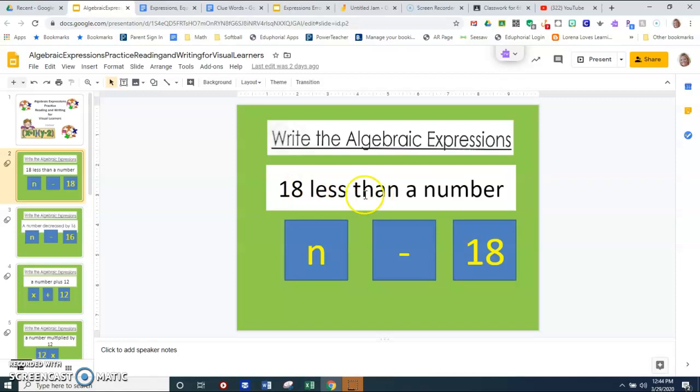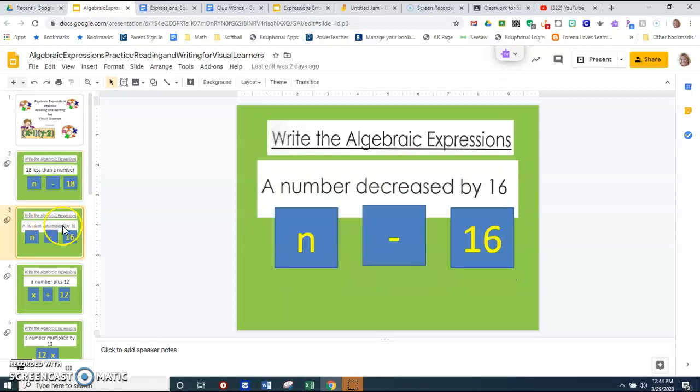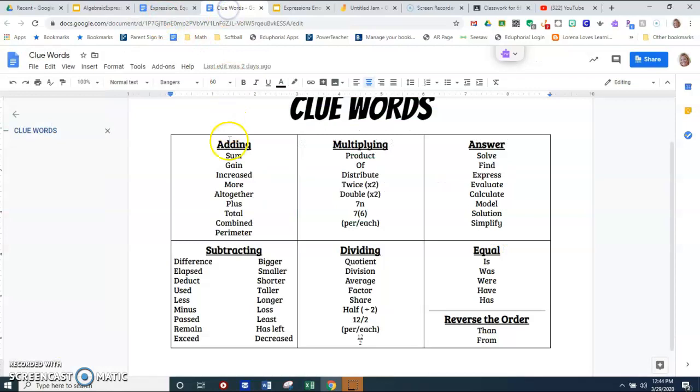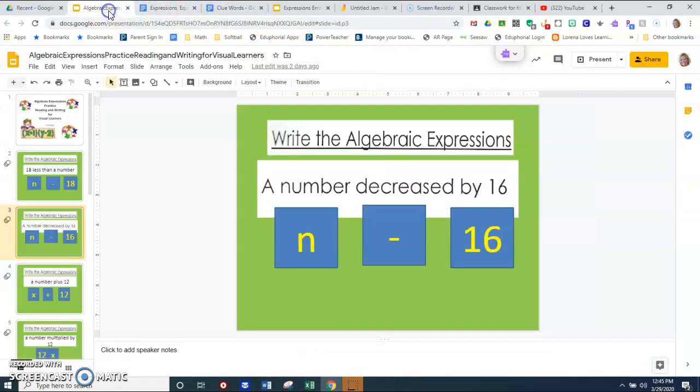I don't know if I have any that use the word from, but we're going to kind of go through these and just look. A number decreased by 16. So I would come over to my clue words, find the word decrease. It is subtract. So I know I'm decreasing a number, my variable, by 16.